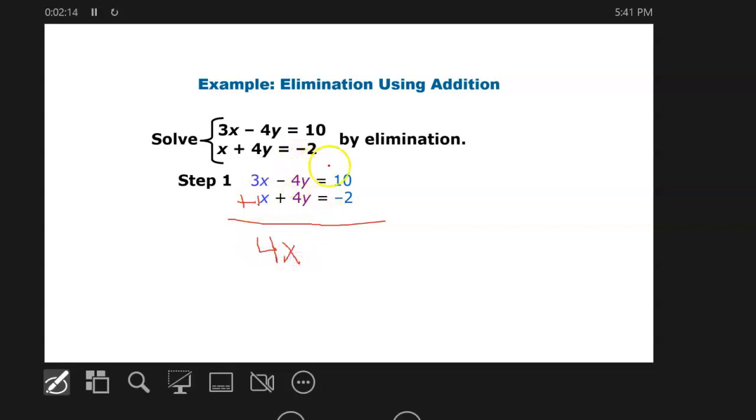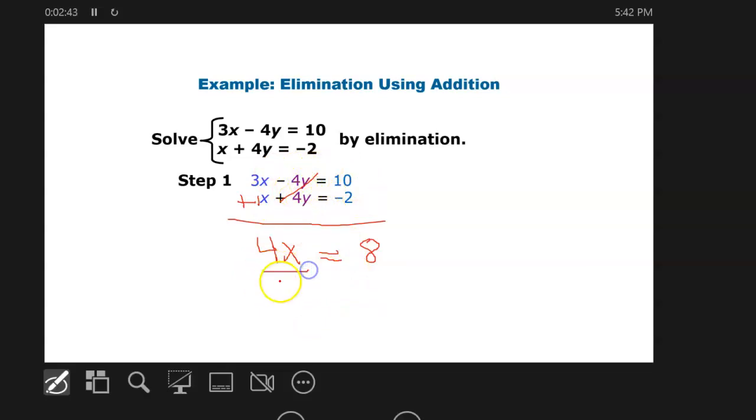My y's are going to cancel out because negative 4y plus 4y is 0. They cancel. And 10 minus 2 is equal to 8. I have actually at this point performed the elimination. By adding the two equations together, I was able to eliminate that variable y.